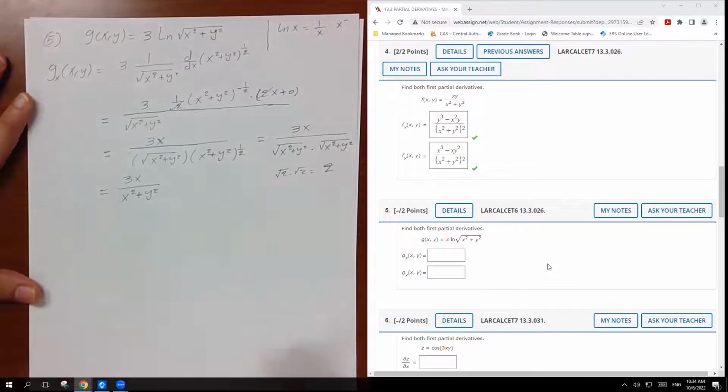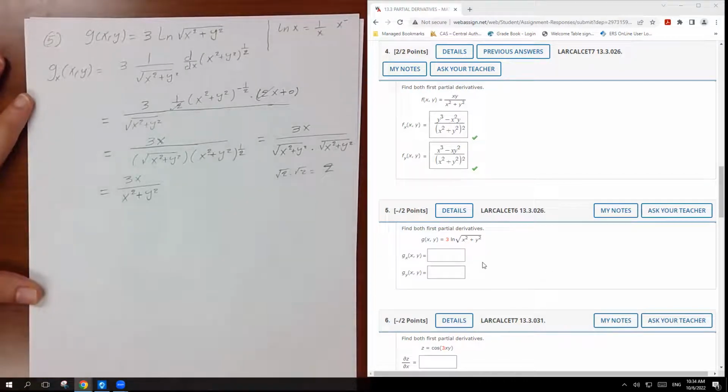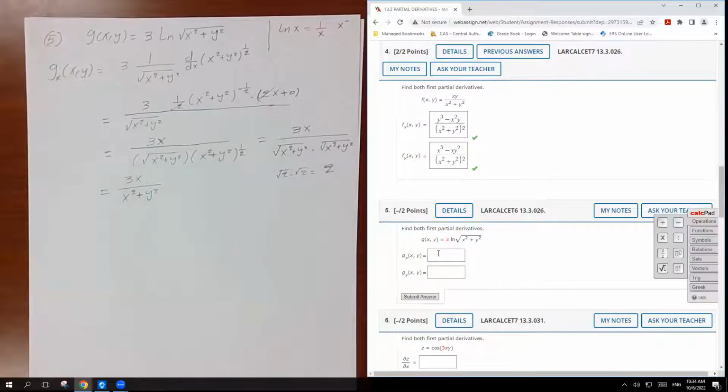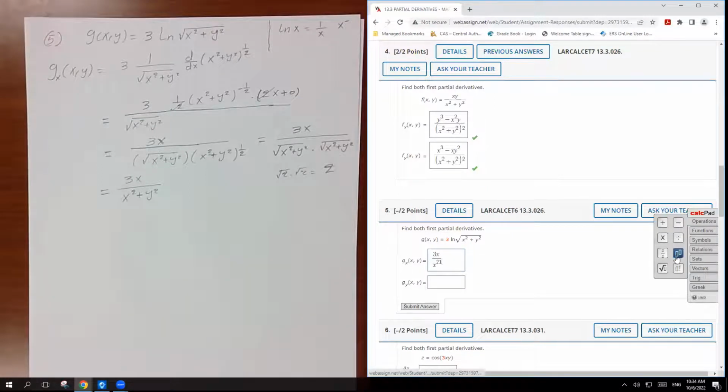That's what we got here. This is only for g sub x. So the first one is going to be 3x over x squared plus y squared.